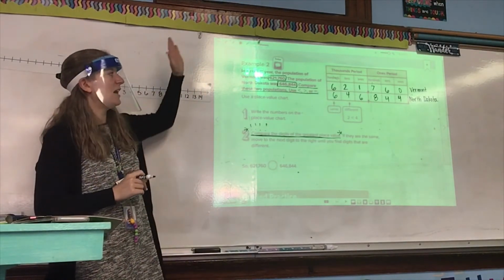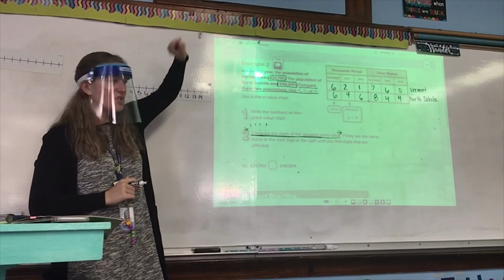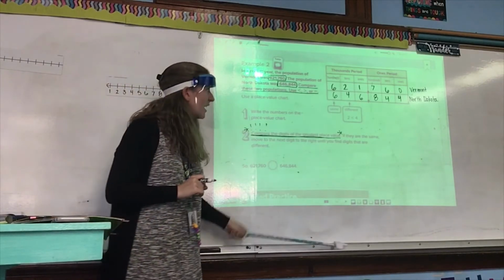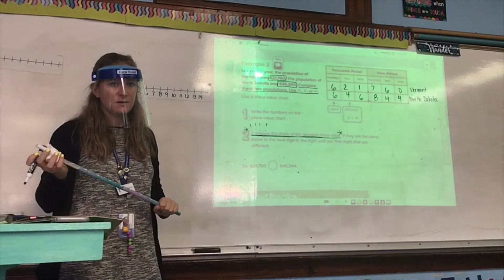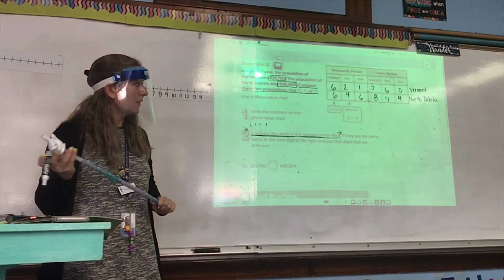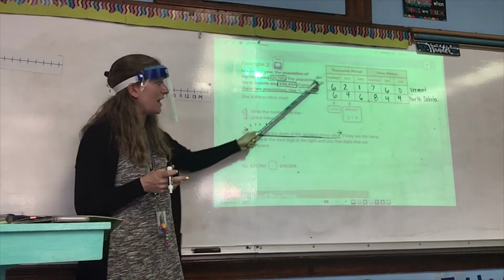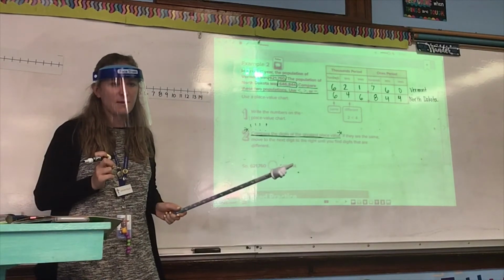So, who would like to help me with this step? Zari? We're starting in the greatest place value. What is the greatest place value that we've used? What is the greatest place value that we have filled on our place value chart?